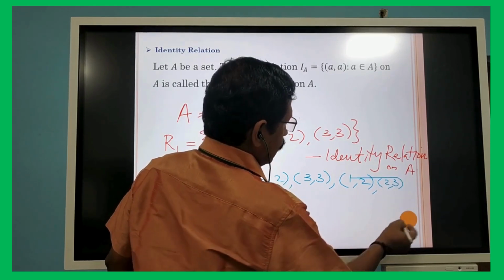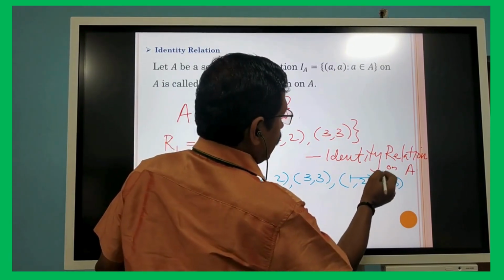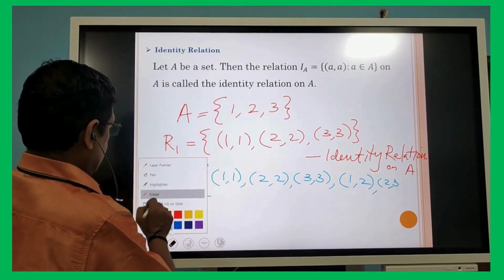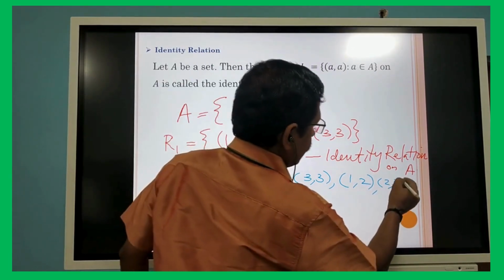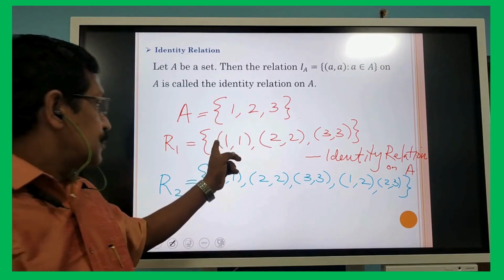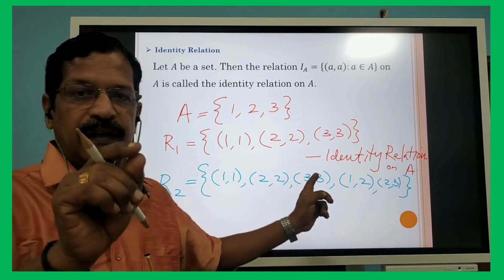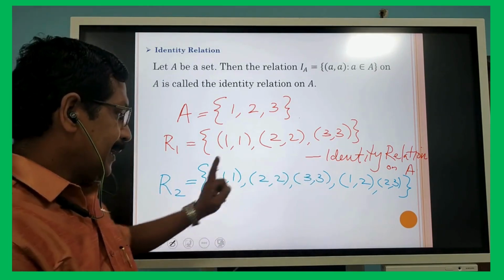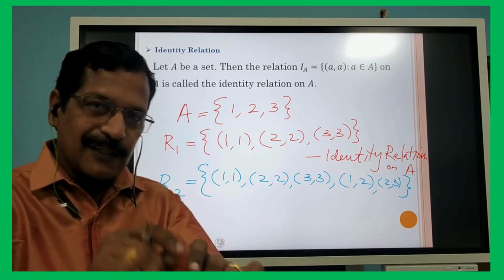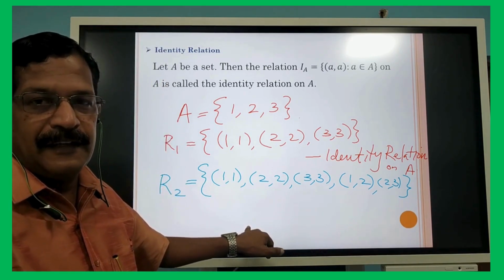It means that 2 is related to 3. So we have two relations, R1 and R2. In R1 every element is related to itself only. And here every element is related to itself as well as to some other elements also. So this is not an identity relation.